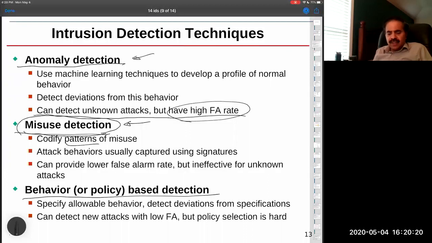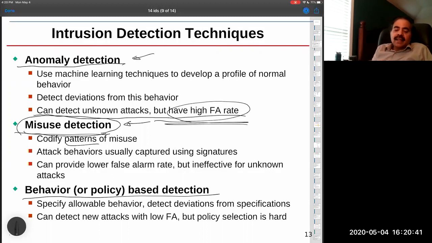Or you may have a situation where there is a deadline and a lot of people are accessing your server, and that looks abnormal and you may report that as an attack. So again, the problem with anomaly detection is generally that it has a high false alarm rate.